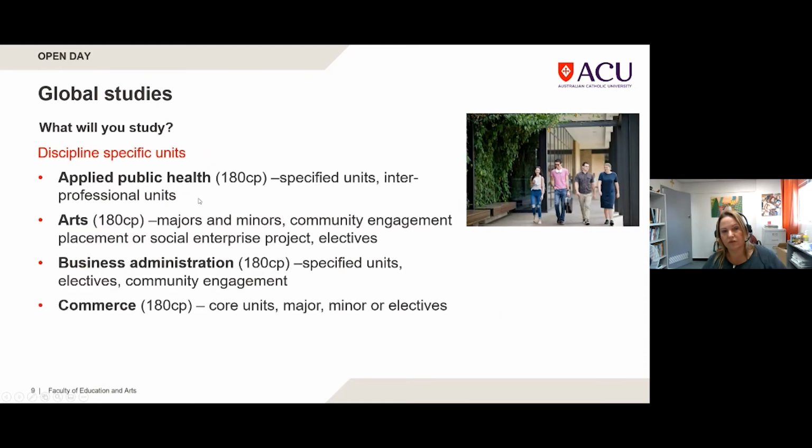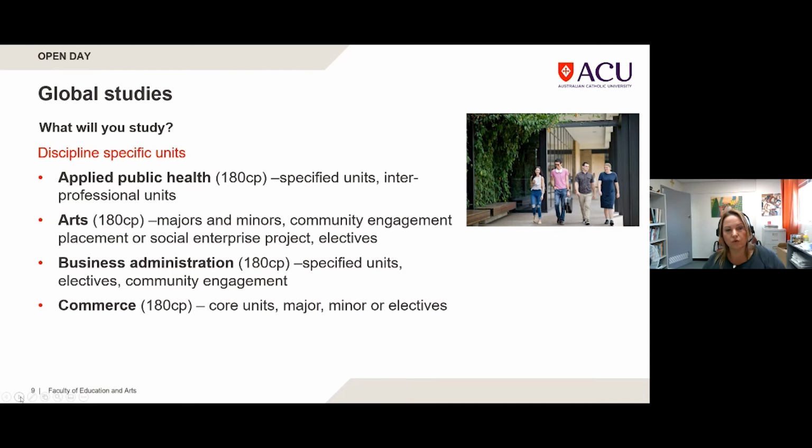And the other degree that you'll be doing will be worth 180 credit points. So let's say you're doing Bachelor of Arts, Bachelor of Global Studies: 180 credit points, or 18 units, will be from arts, so that will include a major and 2 minors or 2 majors, plus a couple of elective units and a community engagement placement. Similarly for the other areas, plus your 14 Global Studies units, which includes your 2 ACU core curriculum units.